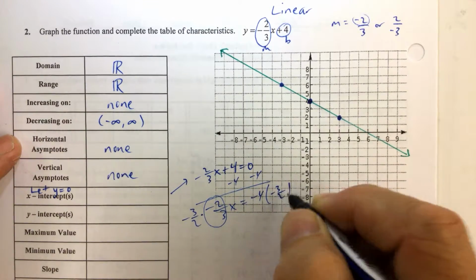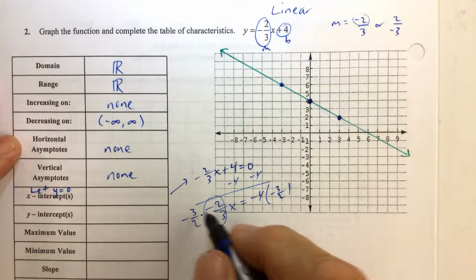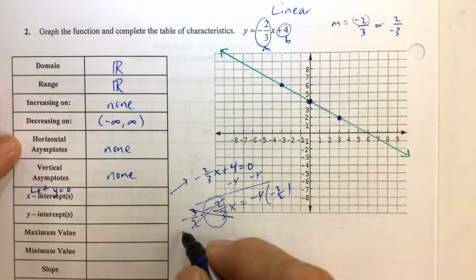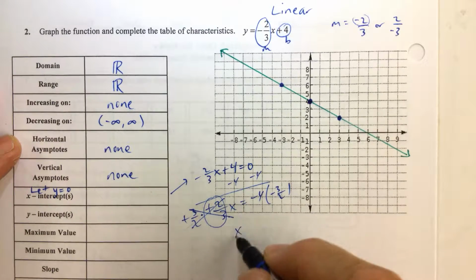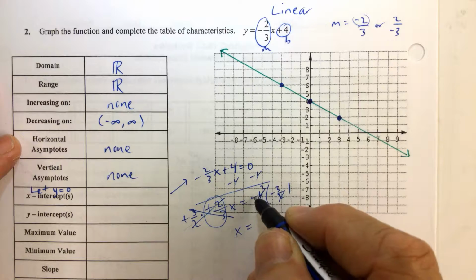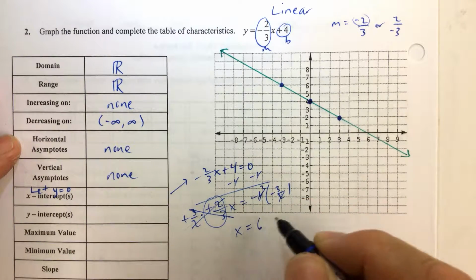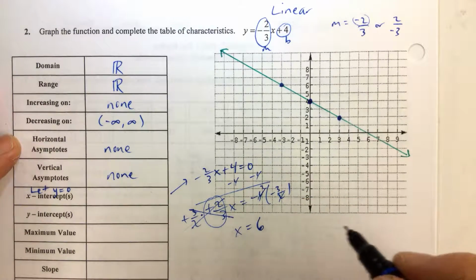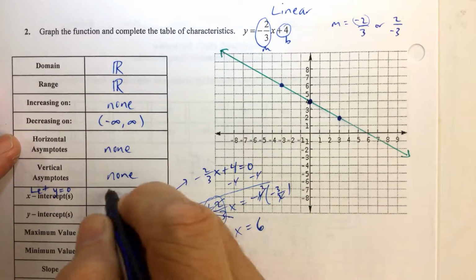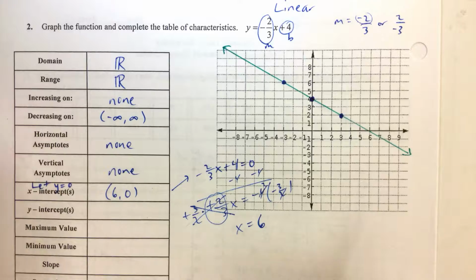We're going to multiply the left side by -3/2, so the 3's cancel, the 2's cancel, the negatives even cancel, and we get x by itself. Over here, 2 goes into 4 2 times, and we get -2 times -3 is +6. So 6 is the x-intercept, therefore (6, 0) is how we write the x-intercept.